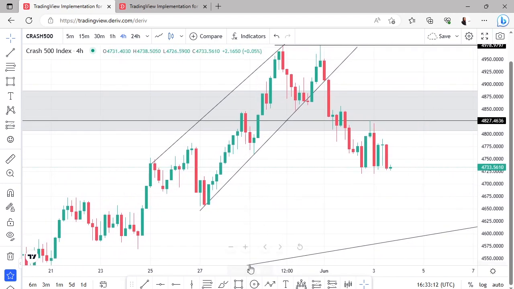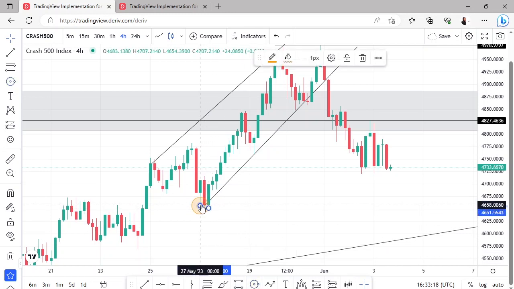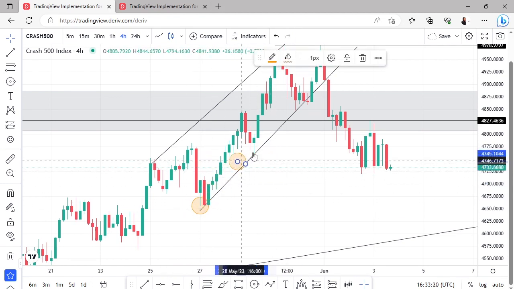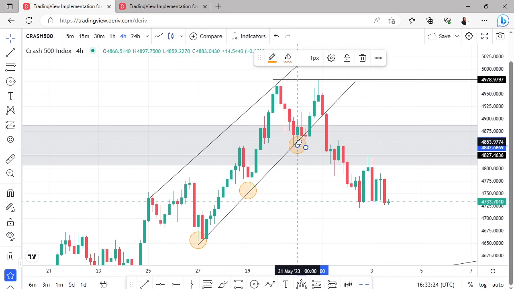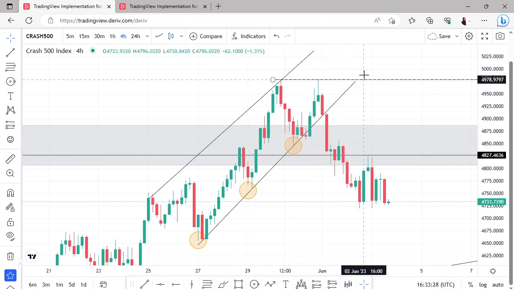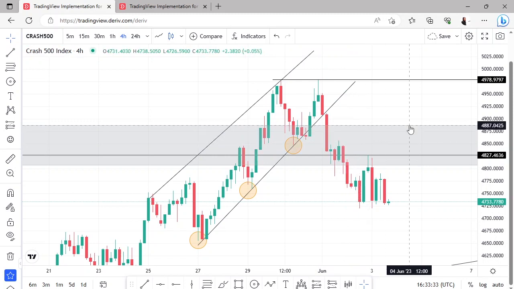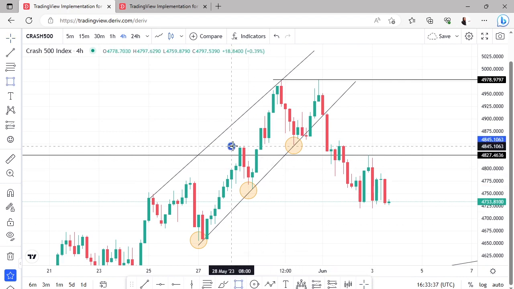It was this high over here, higher low, higher low, higher low. So the minute the market breaks, let me just delete this, because then we know that we have a zone over there.